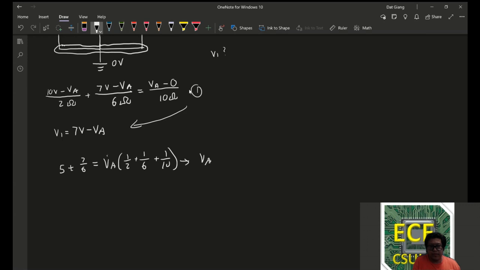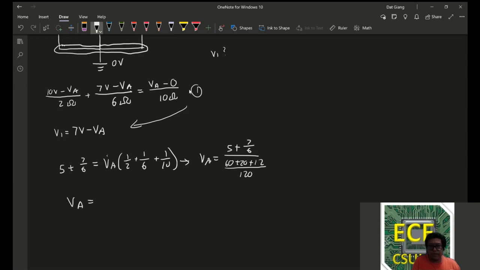And we have VA equals 5 plus 7 over 6 divided over the parallel equivalent combinations. So let's take a look. It's going to be 6 times 10, 60, plus 2 times 10, 20, plus 2 times 6, 12, divided all over 2 times 6 times 10, or 120.